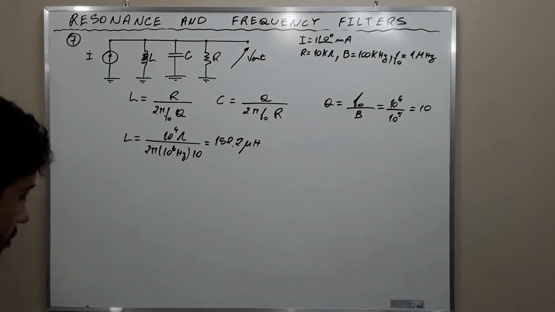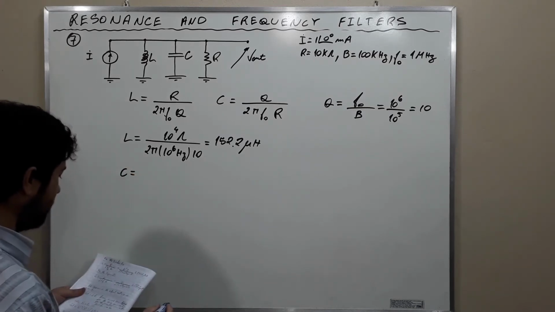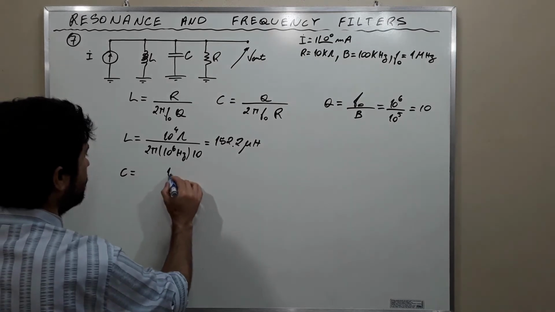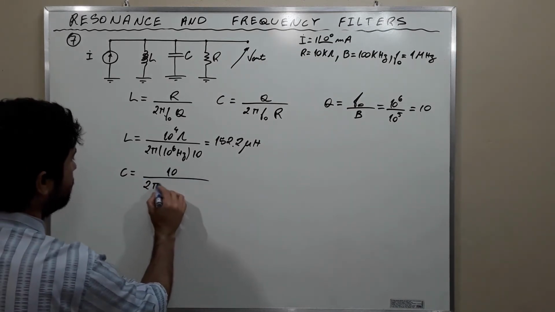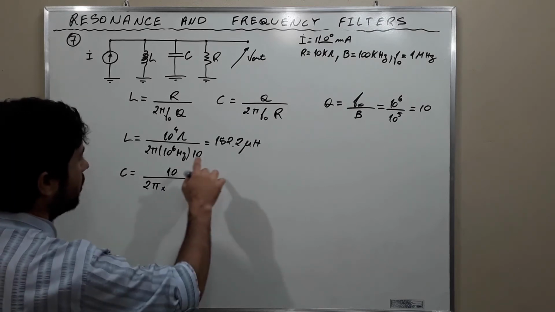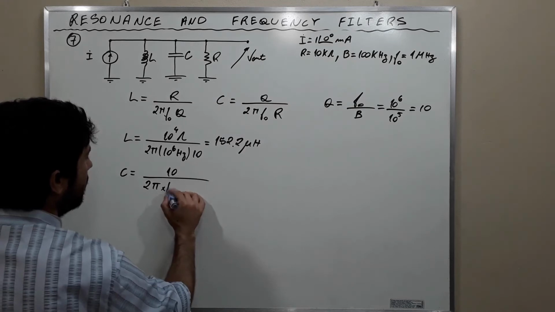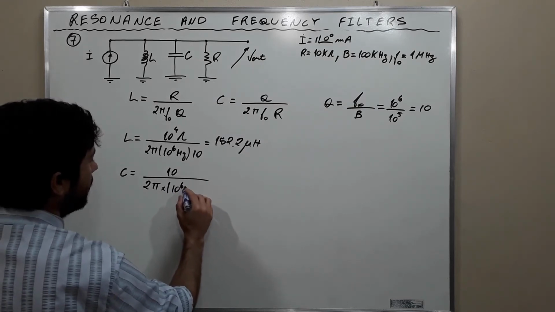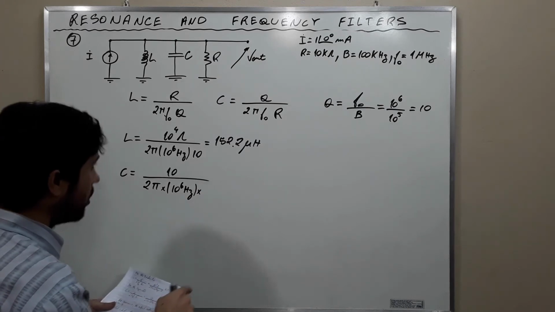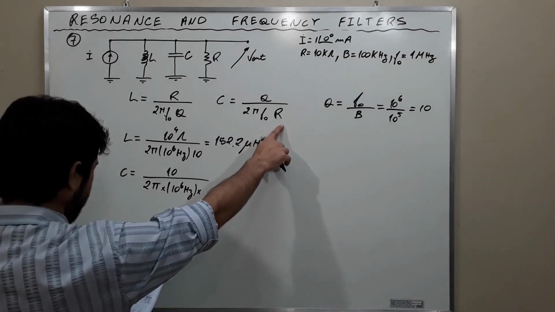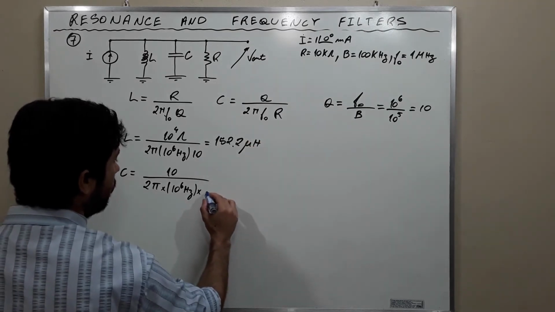For the capacitor, we find that C is equal to 10 divided by 2 times pi times the resonant frequency, 1 megahertz, which is 10 to the 6th hertz, times the resistance, and the resistance is 10 kilo ohms.